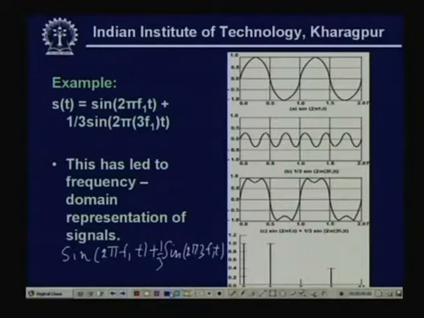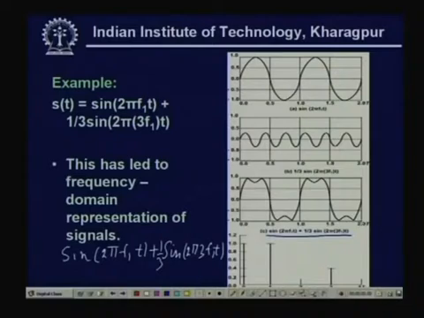That means we have a combination of these two, sine 2 pi f1 t plus 1/3 sine 2 pi 3 f1 t. If we see this on the oscilloscope in the time domain, this is the diagram we shall get.